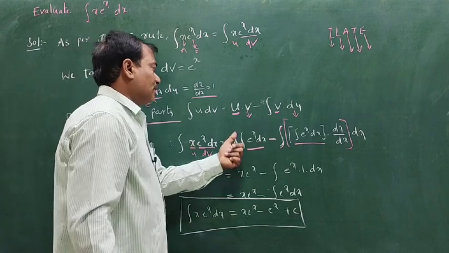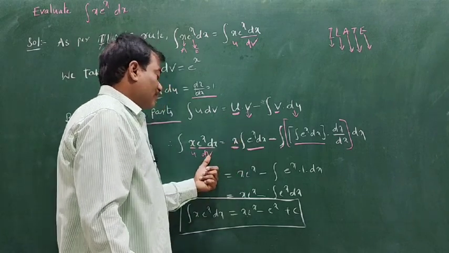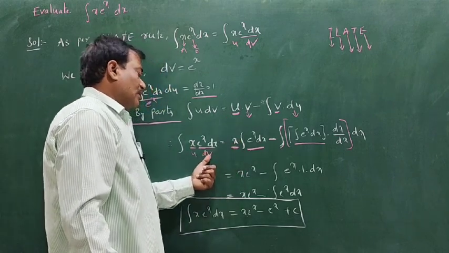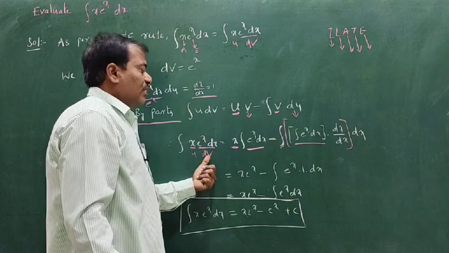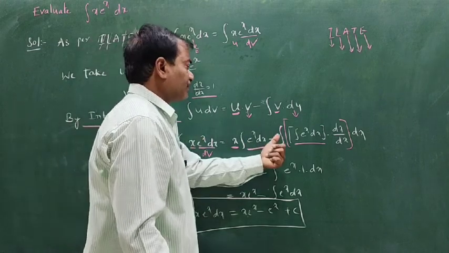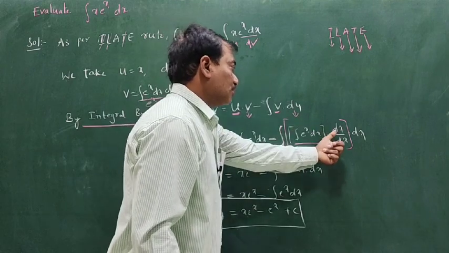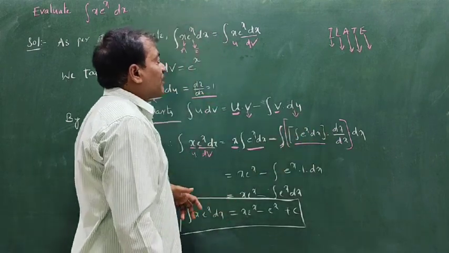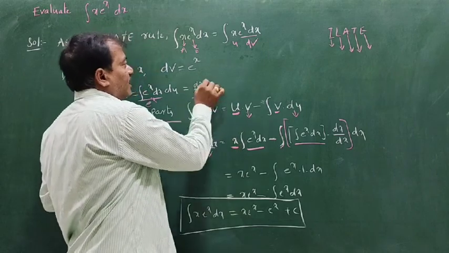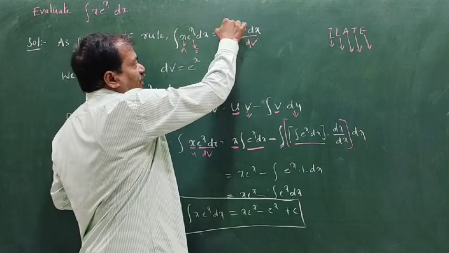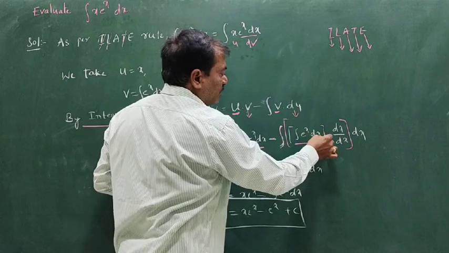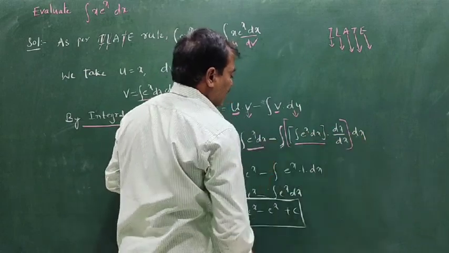We compare this with integral u dv. This is u, and this is completely dv. First we write u. Since this is dv, the integration of dv becomes v. Then again we substitute the v value, and we know that du means the differentiation of the first function x with respect to x, dx by dx into dx.